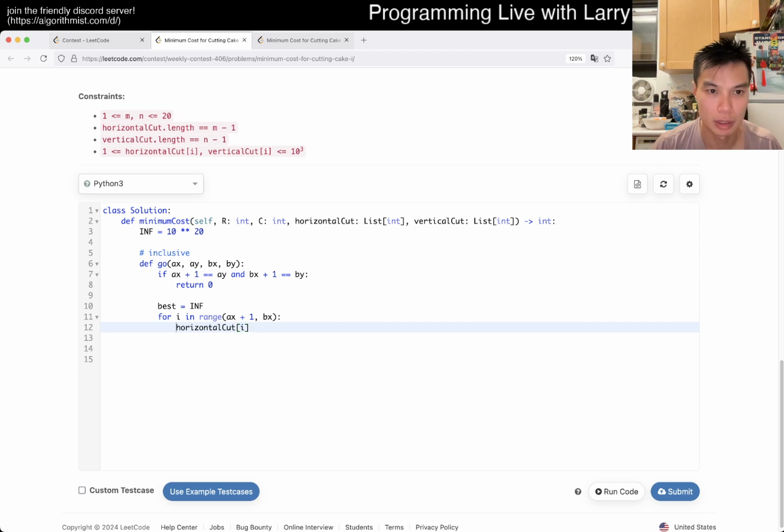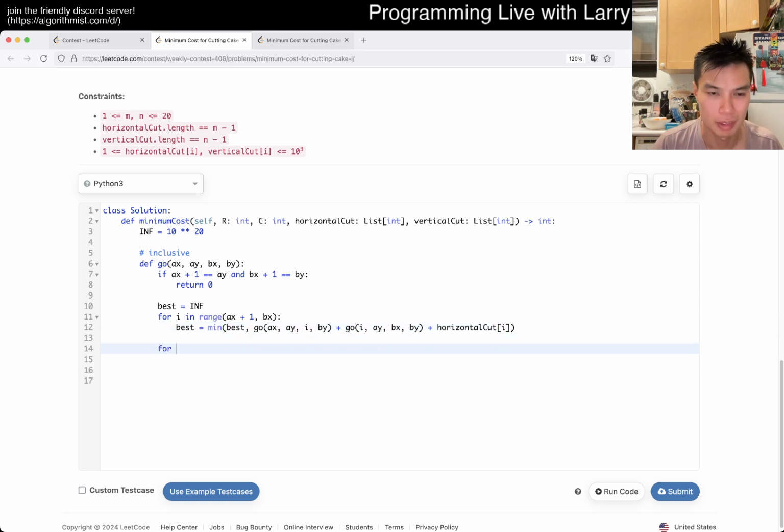So this is the cost, and what we get is ax to i, bx by. Nope. Maybe. Plus go i ay bx by, plus this.